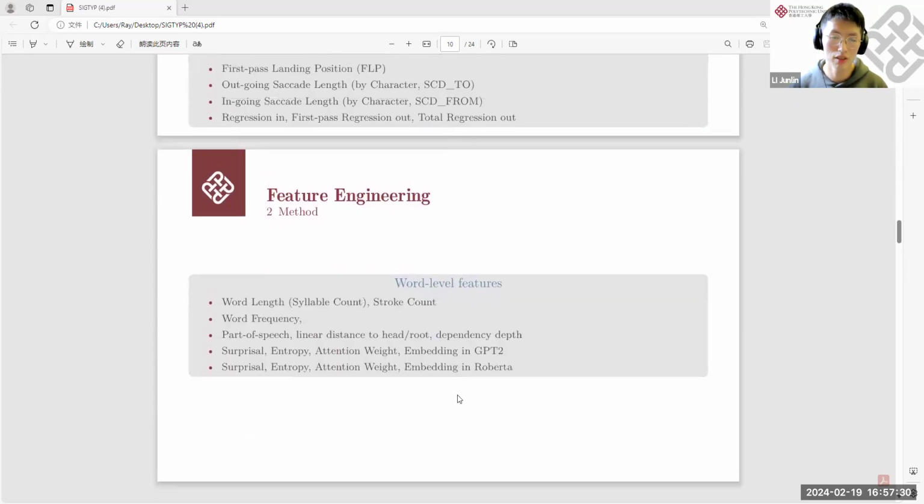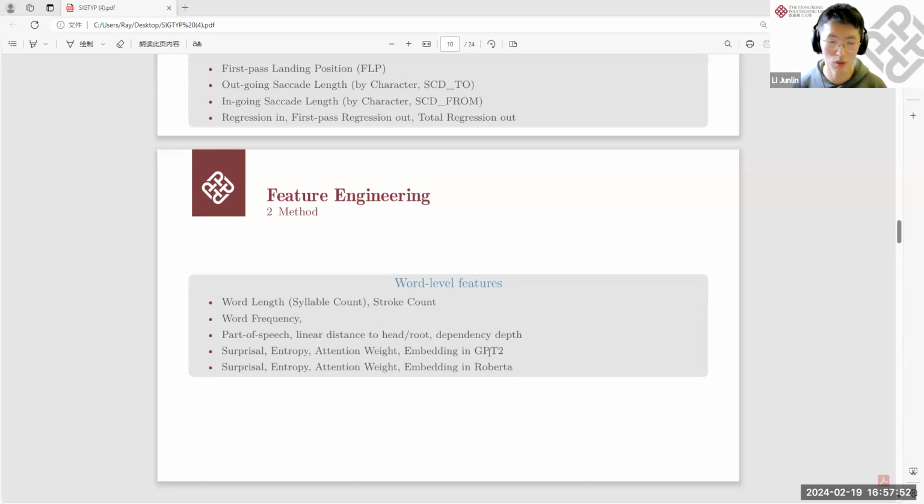And to predict duration and stochastic measures on the word level, we engineered word length and stroke count, which are visual features, and word frequency, which is a lexical feature, and grammatical or morphosyntactic features such as part of speech and dependency parsing features.